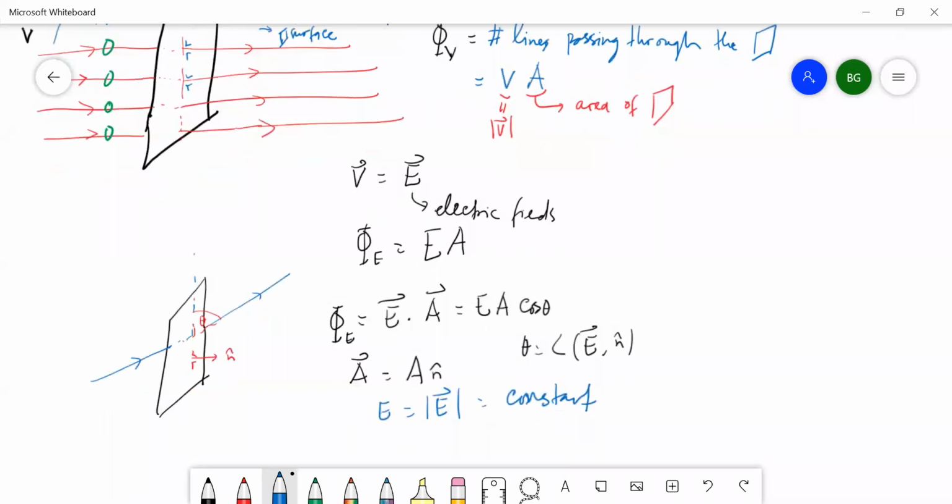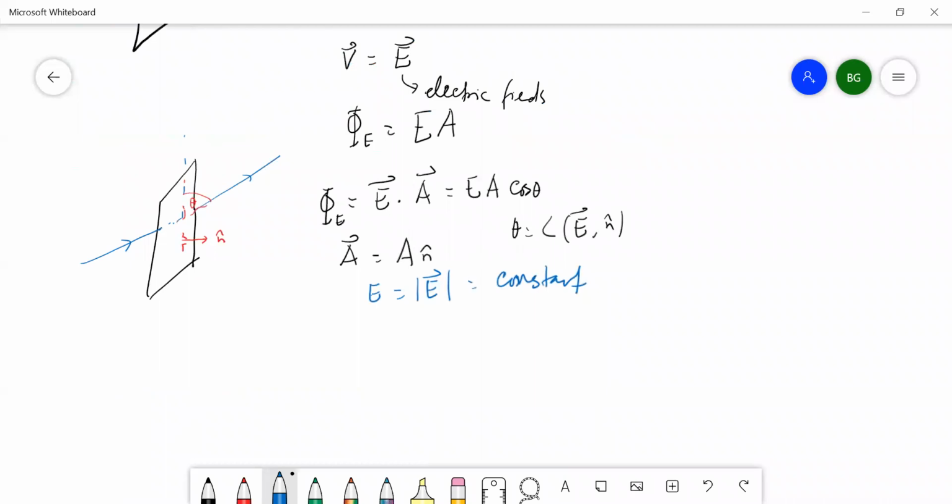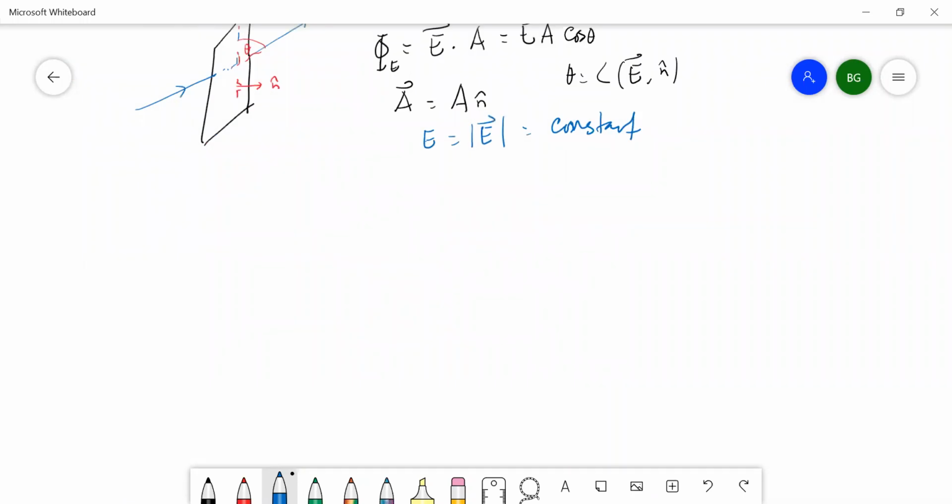So what about in general, if E is not constant?